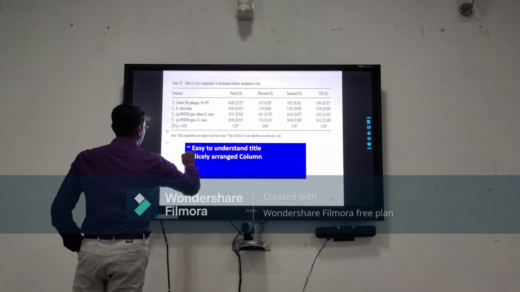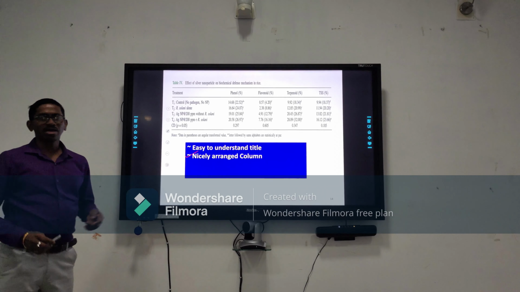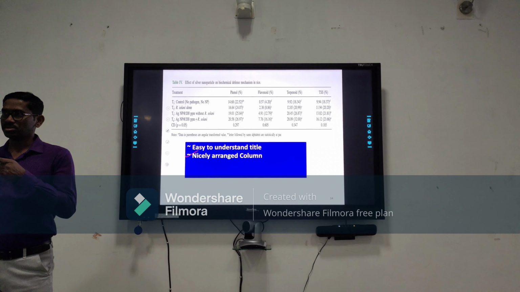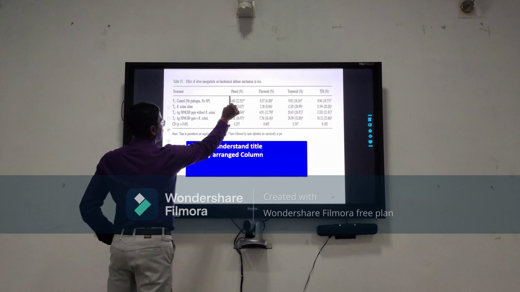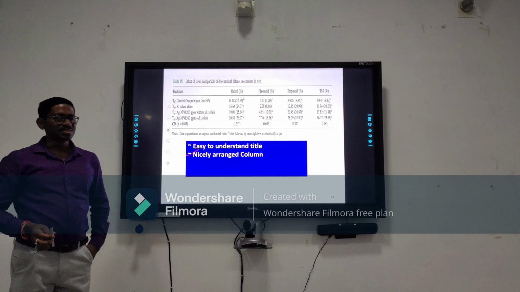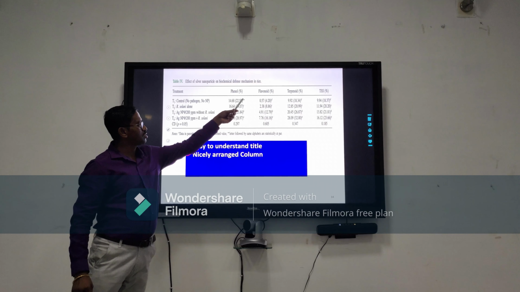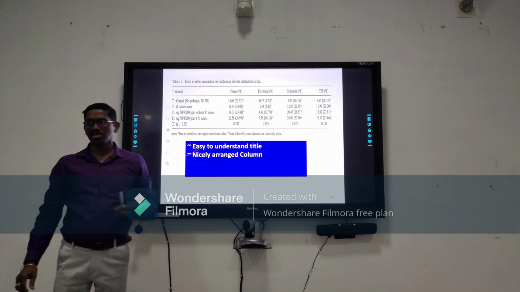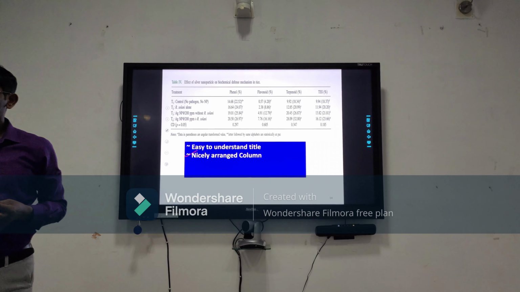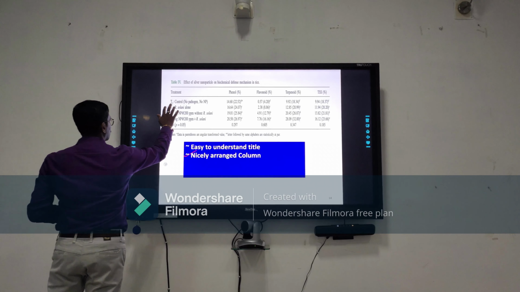Second point, they have nicely arranged each and every column. Very specifically, from the table itself, we can say the author did some work to find out the phenol percentage, flavonol percentage, terpenoid percentage, as well as total soluble sugar percentage.